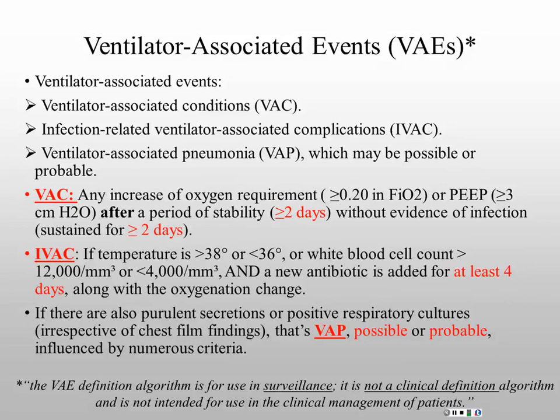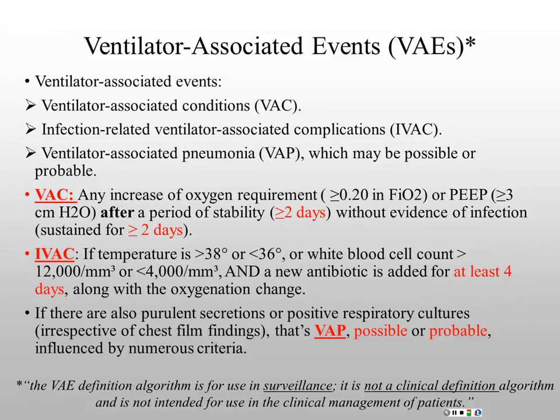Because to qualify for VAC, ventilator-associated condition, you have to be on the ventilator with stable conditions regarding PEEP and FiO2 for at least 2 days. And after these 2 days, if there is deterioration in FiO2 by 0.2 or PEEP more than 3, and this has to be continuous for 2 days. So now you are on the ventilator for 4 days.